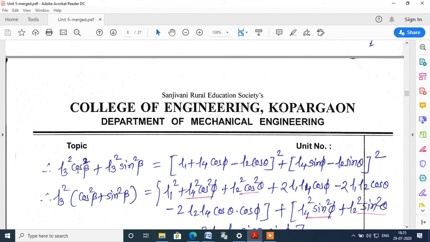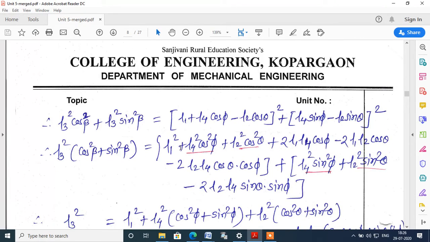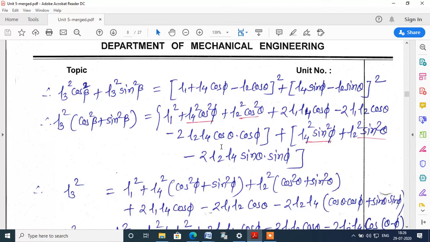And cos square beta plus sin square beta equals 1, so the left side is L3 square. Just solve this equation at your end.